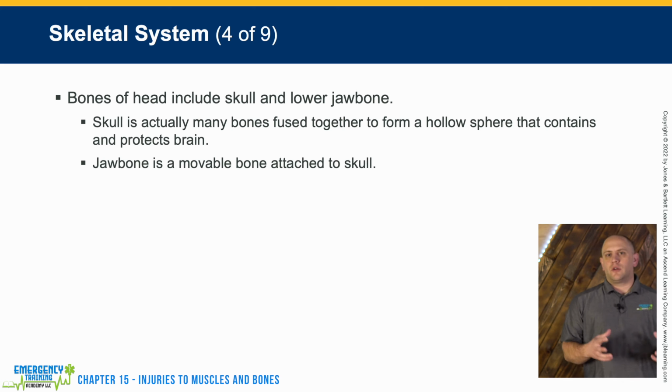When we're younger, those bones have not fused yet. So it's important to remember anatomical differences between our adults and our children. But those bones, as they fuse, they create the container that protects our brain.